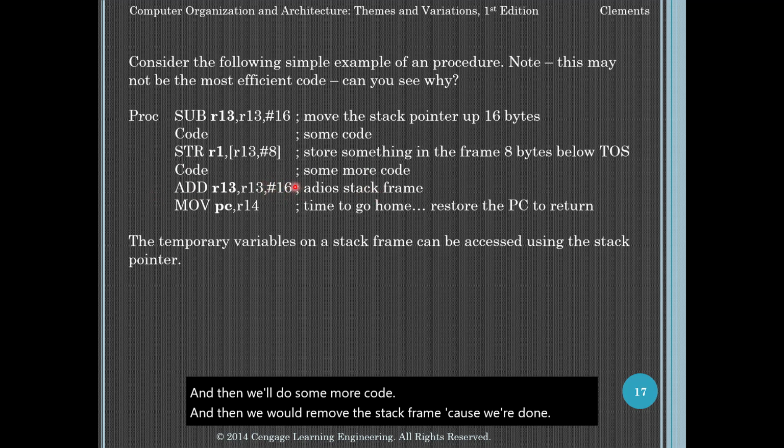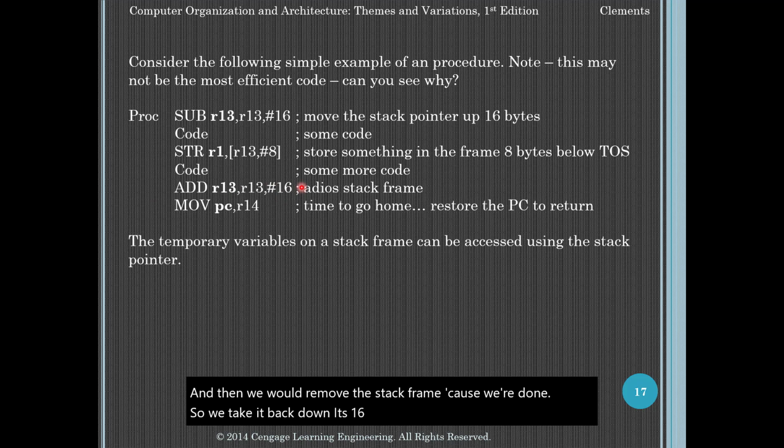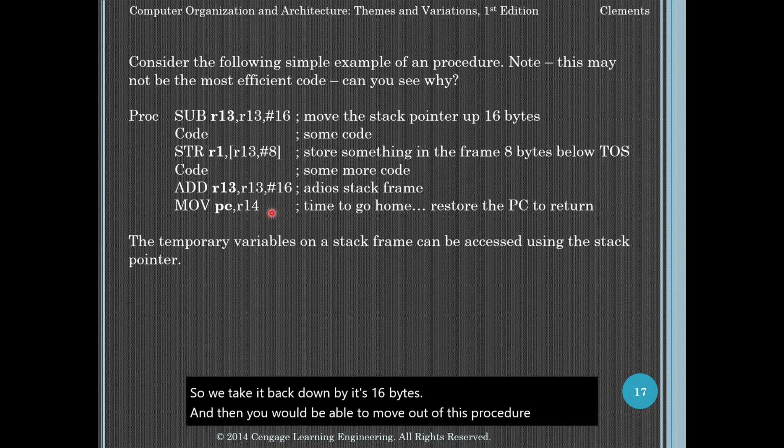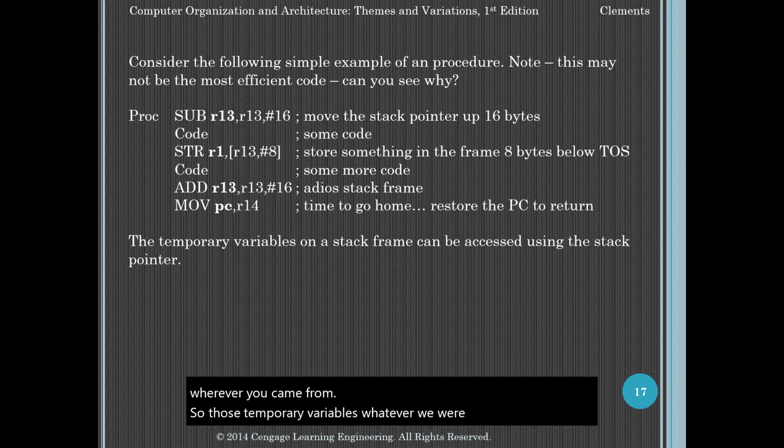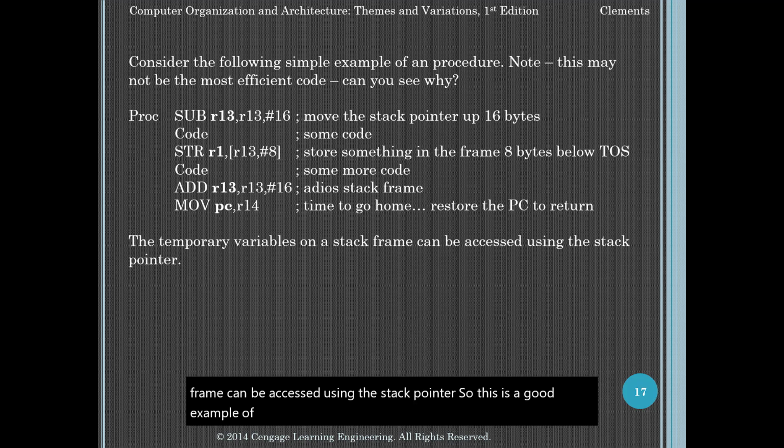So we take it back down by its 16 bytes. And then you would be able to move out of this procedure back to wherever you came from. Those temporary variables, whatever we were using on a stack frame, can be accessed using the stack pointer. So this is a good example of how you would do that.